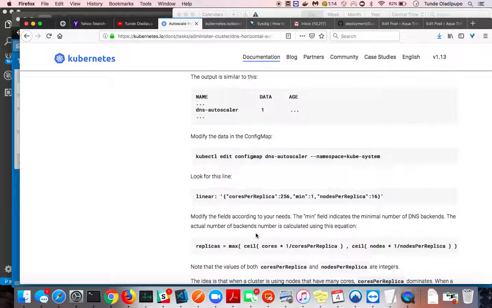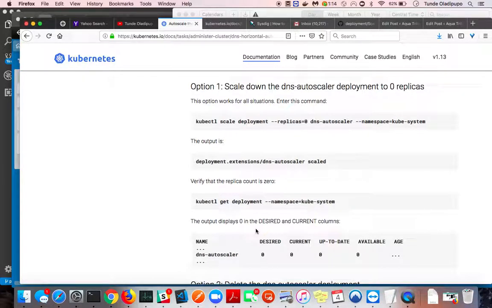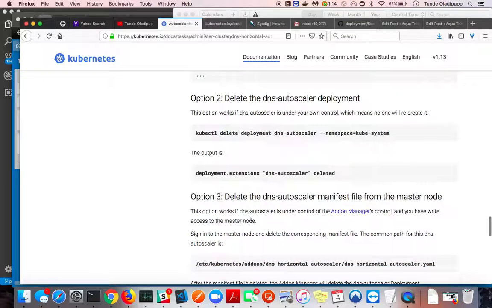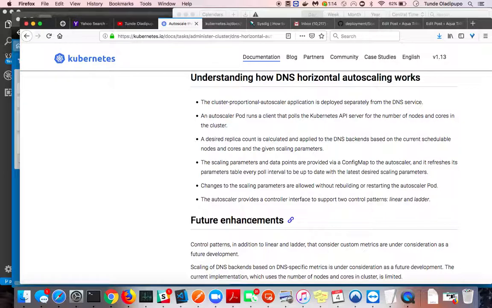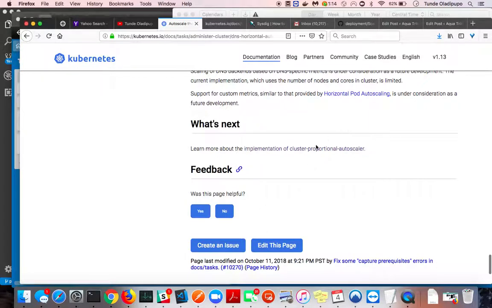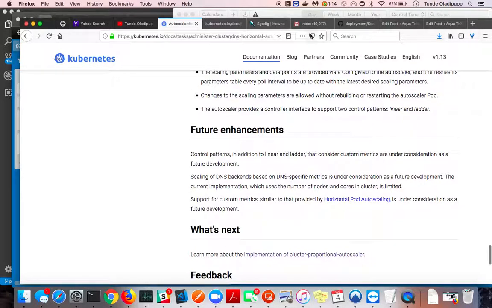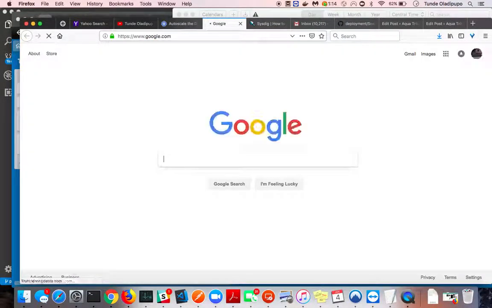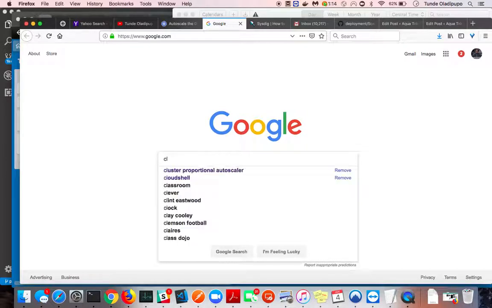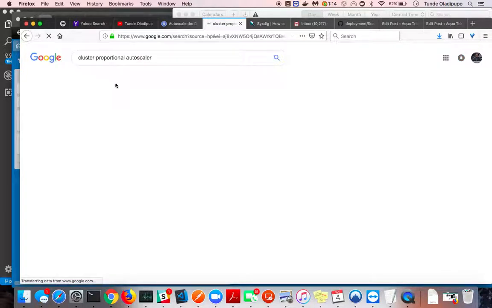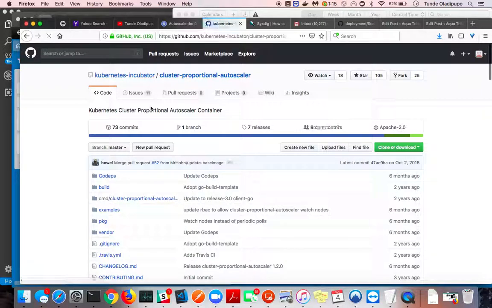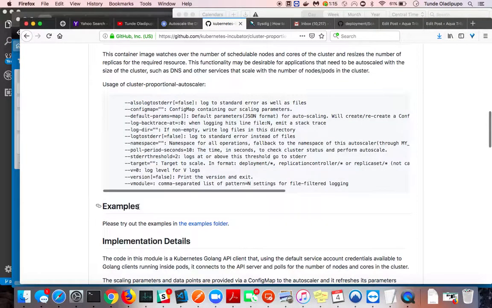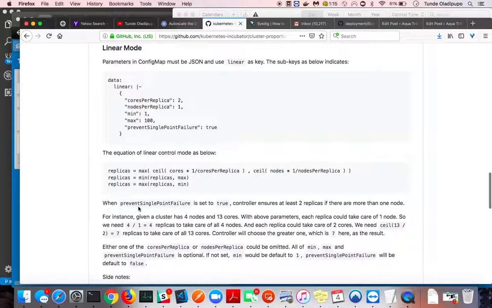If you want to read more about it, you can go into their page. Let me see. All right, cluster proportional autoscaler, and you can see I've talked about it many times. This is the project itself, and you can read more about it.